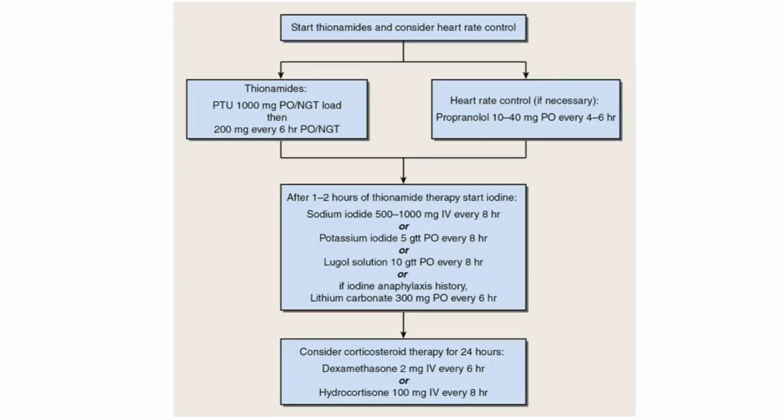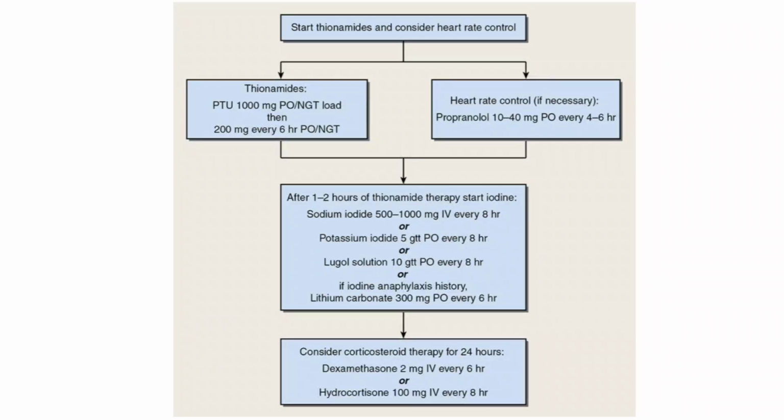So this chart suggests the management of thyroid storm. First we have to start the patient on thionamides, and heart rate control is done with propranolol. So what thionamides can be given? The preferred drug is propylthiouracil, either peroral or through a nasogastric tube. Initially we have to give a loading dose. So what is the loading dose of PTU? The loading dose is 1000 milligrams, and then we start 200 milligrams TDS per oral or through nasogastric tube.